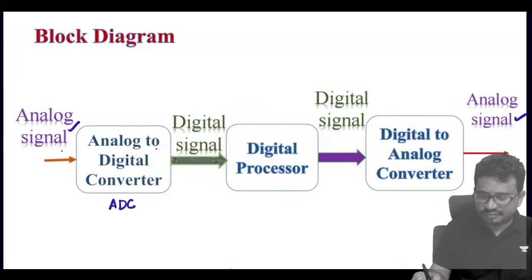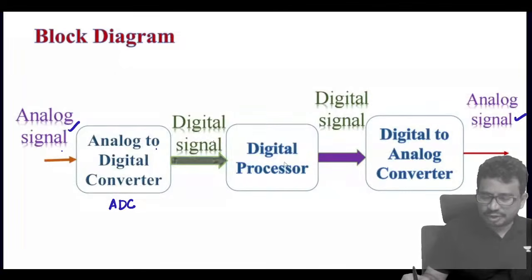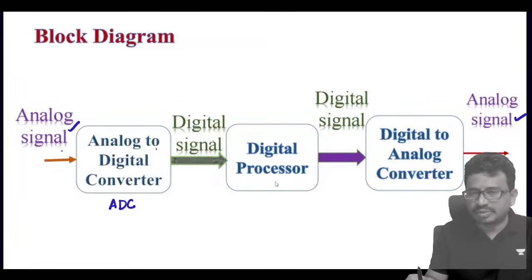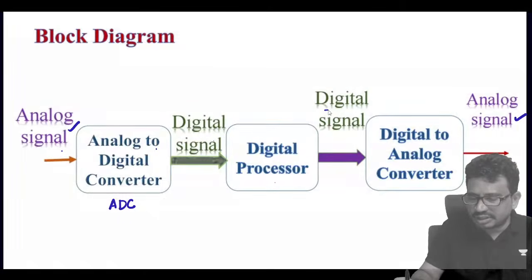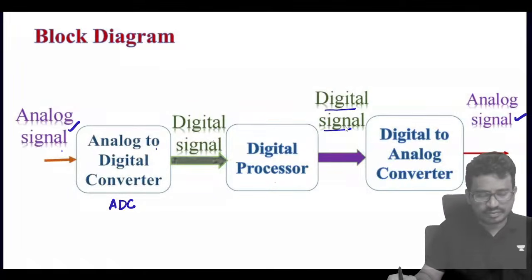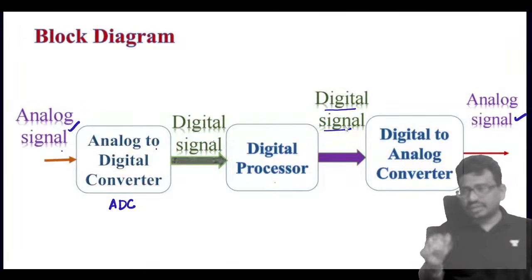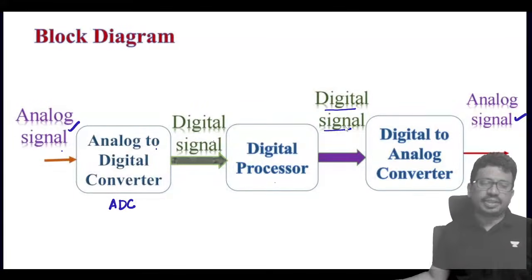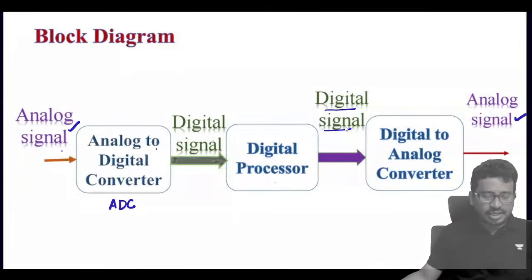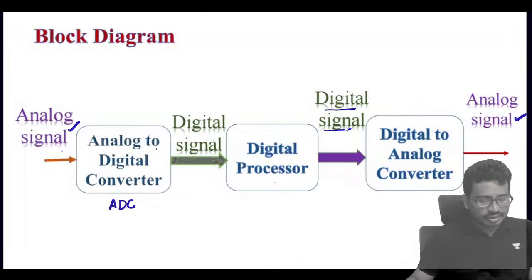Next, the digital signal is processed by a digital processor, which gives the output as a digital signal. Finally, the signal must again be converted to analog, because humans can detect only analog signals; our brain cannot detect a digital signal.